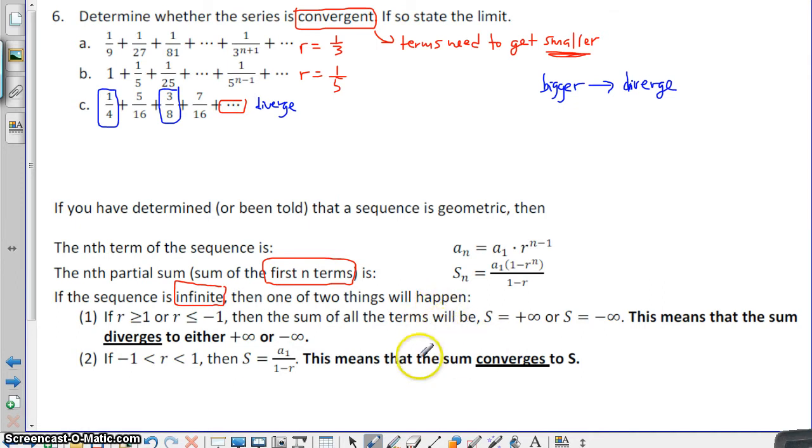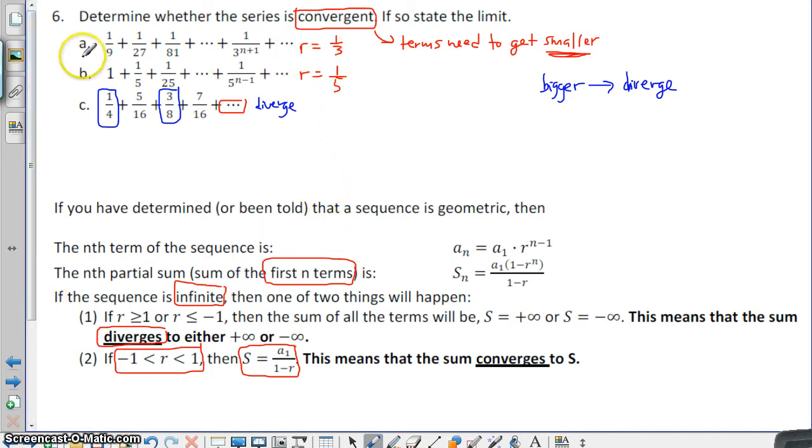And so that means you need to use this formula, since the absolute value of R is less than 1. Notice we said R is 1/3 here, R is 1/5 here. That falls into this category between -1 and 1. If R is greater than 1 or less than -1, then that diverges. As we said, that means it's getting bigger.